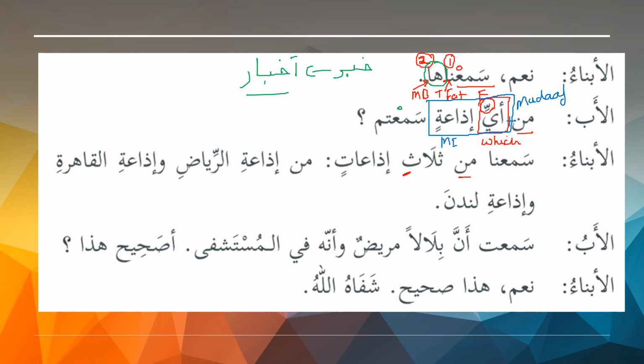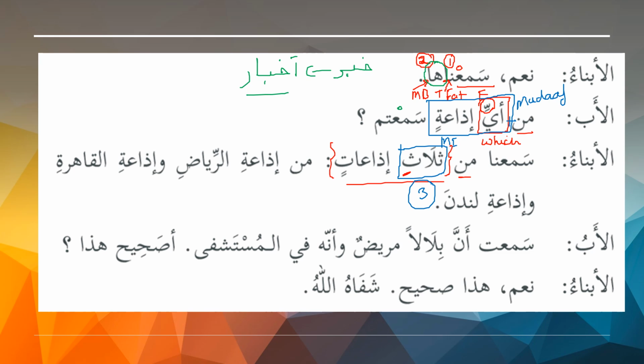So here is the number rule. So what rule is applied here? First check the number. What is the number? It is number 3. So which rule are you going to apply? Are you going to apply the rule of 1 and 2 or the rule of 3 to 10? If you see the number, it is number 3. So you are going to apply the rule from 3 to 10.